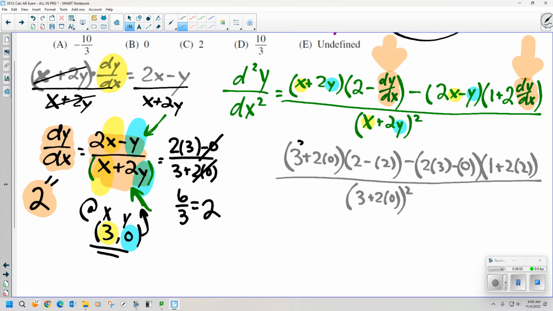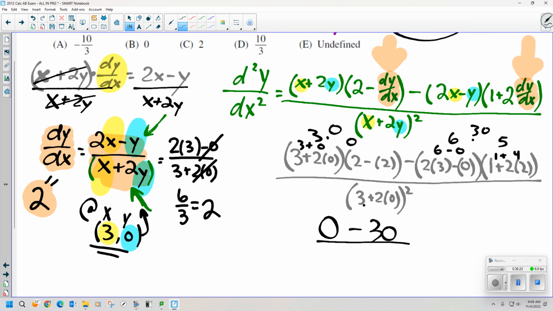That's 3 plus 0, which is 3, times 0. That's 0. Minus 2 times 3 is 6 minus 0, which is 6, times 1 plus 4, which is 5. 6 times 5 is 30, so minus 30 all over 3 plus 0 is 3 squared. 3 squared is 9. Negative 30 over 9, which reduces to negative 10 thirds.